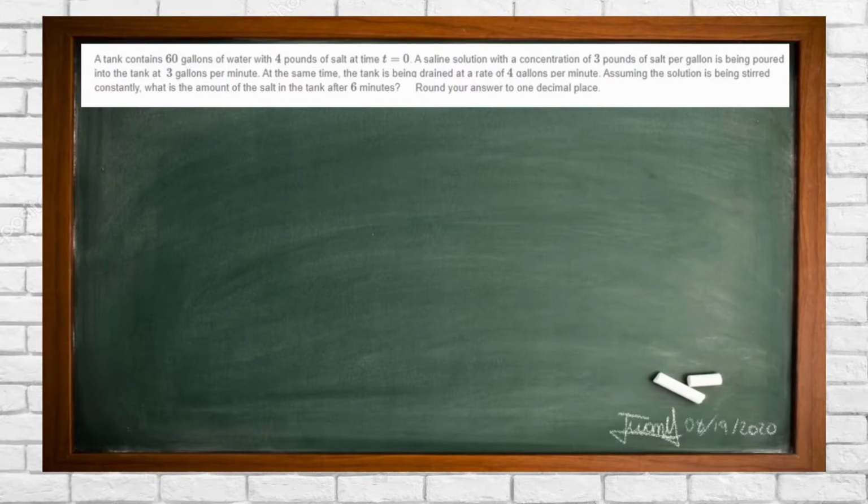All right, we're going to be starting with the following. We know that the amount of salt inside the tank is changing. So let's first define A as the amount of salt in the tank.